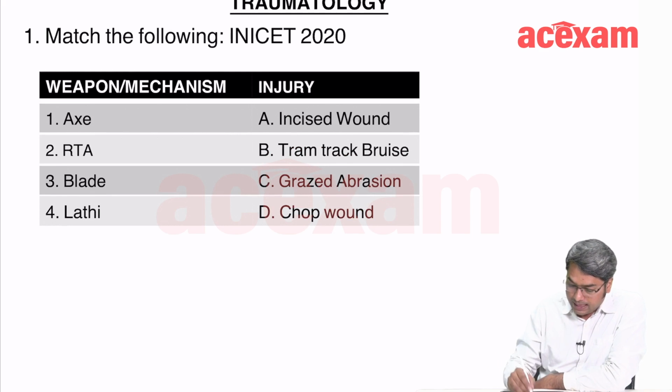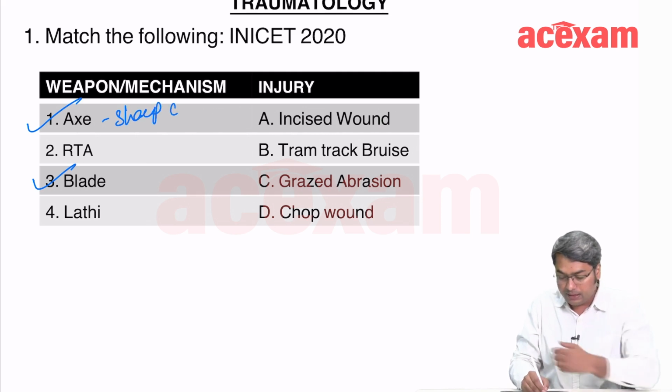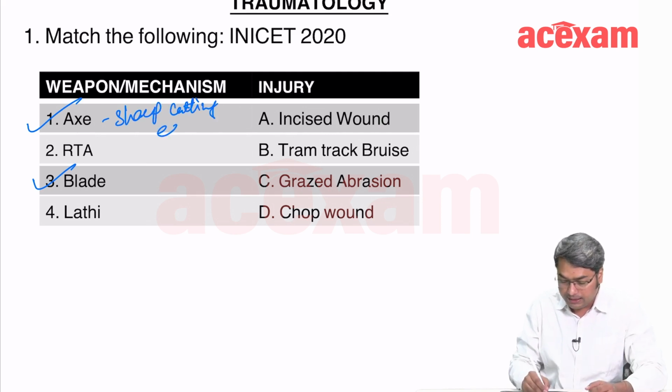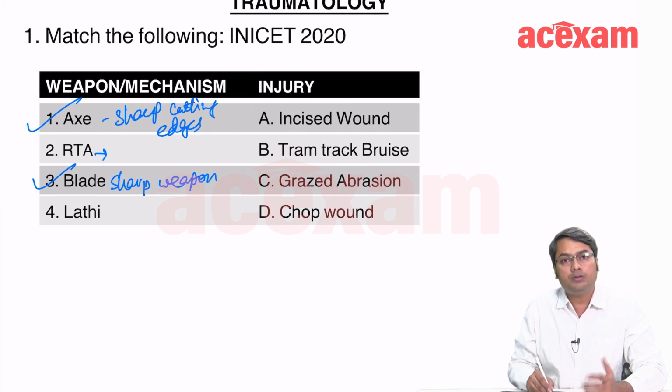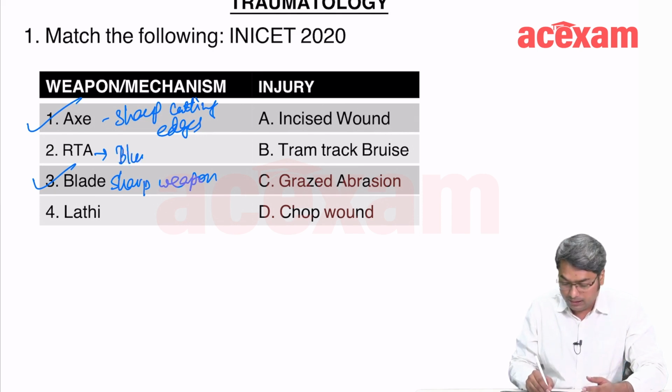So obviously, X and blade, these are sharp cutting weapons, right? These are weapons having sharp cutting edges. On the other hand, RTA usually produces blunt injuries. It is usually due to blunt trauma. And lathi also is a blunt weapon.